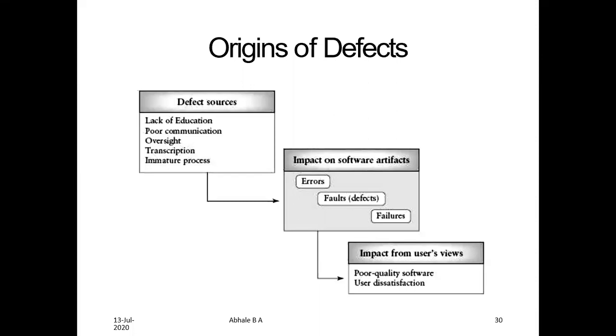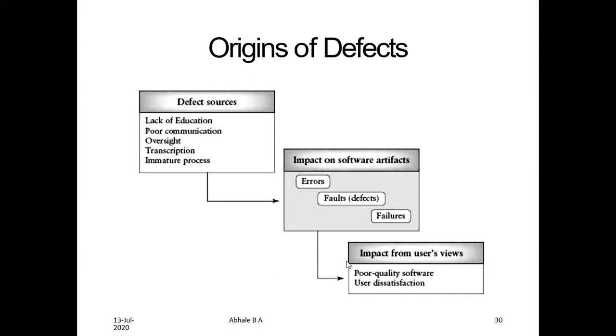Okay, defect sources will impact the software modules or software artifacts. So what will occur because of this defect? Errors will occur in the software, faults will occur, and because of which it will lead to failure. So that will impact the organization. Impact on the software will lead to impact on the organization. And what will happen because of this? Impact from the user's view.